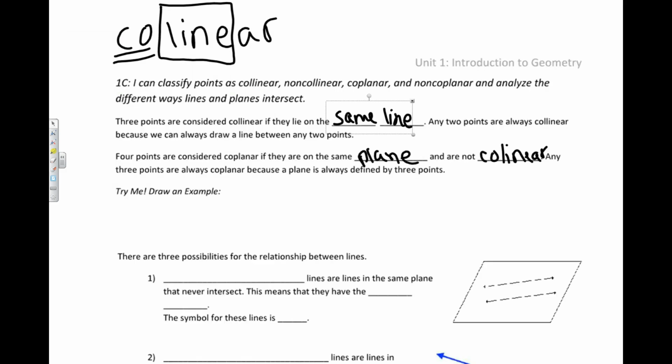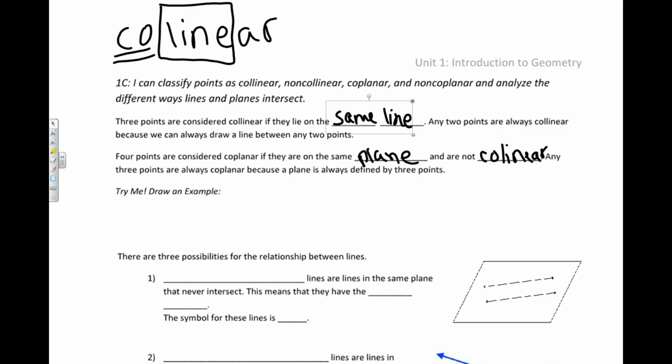But if I had chosen points directly along this line here, like here, here, and here, do you see how those three points, while they're collinear, they actually lie in more than one plane? Those three points lie in both the green plane and the pink plane, so we can't really talk about them being coplanar. So in order to say that points are coplanar, they cannot be collinear, okay? They have to be what we would say non-collinear.